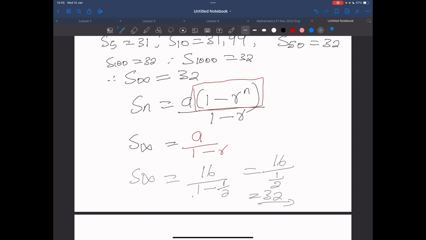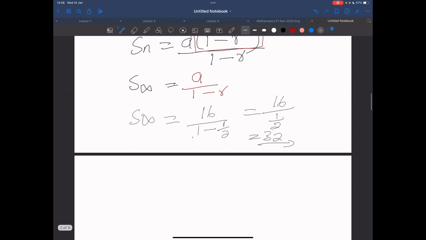So you can see it gives us that 32 right away. So now we are able to add the sum to an infinite number of terms. We can calculate the sum to infinity if the series converges, only if we have a convergent series.